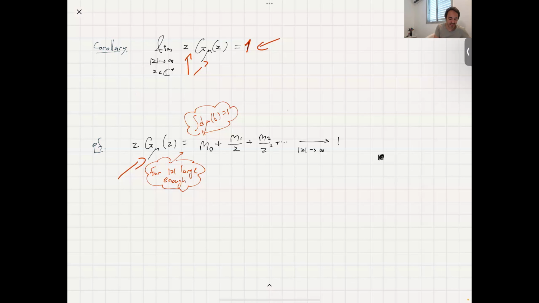So by multiplying by z, you get that the nth moment is divided by z to the n and not by z to the n plus 1. So you have m0 plus m1 over z and so forth. And now taking z to infinity, only m0 survives, but m0 is really 1 because it's the 0th moment. It's like integrating the constant function 1 over the measure, which gives 1 because mu is a probability measure. Okay, that's just a technical thing that we'll need.